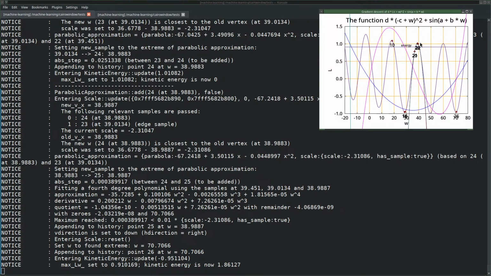Apparently not so close that I'm using it to replace stuff, but I think that the replace only happens when I'm scared to divide by 0, which is not the case here. So for parabola fitting it does work, but for the 4th degree one I should probably use the edge sample to begin with. So we have the edge sample, we have an extreme.